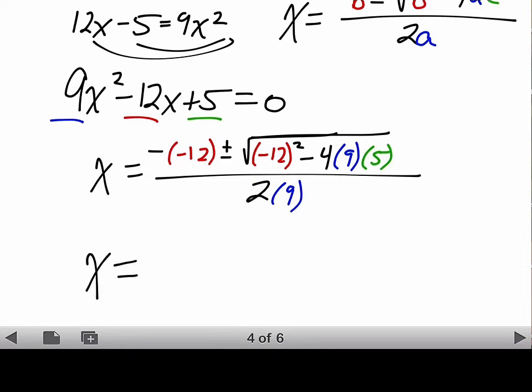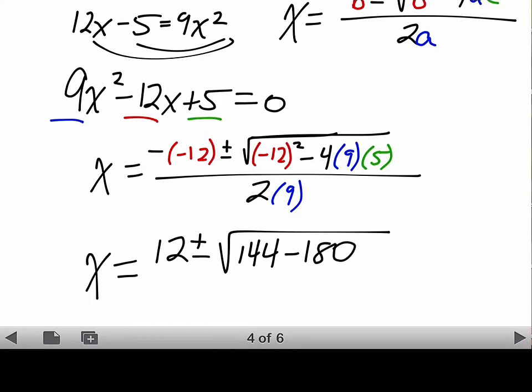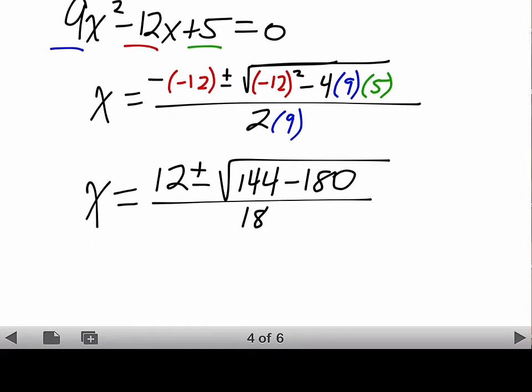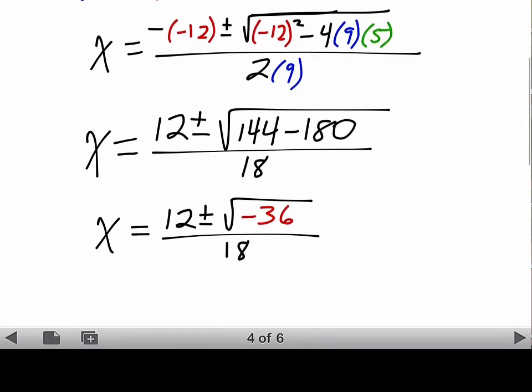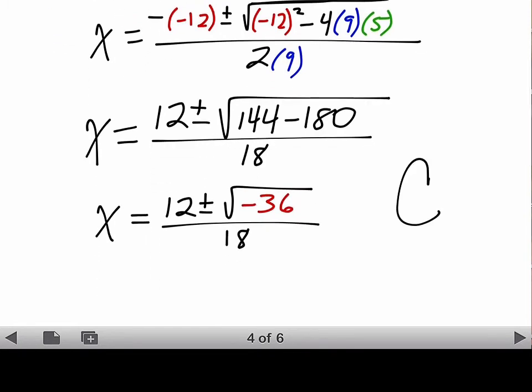So x is equal to 12 plus or minus, the discriminant is going to be 144 minus 180 all over 18. So that discriminant becoming negative means we have x equals 12 plus or minus the square root of negative 36. And as soon as we know that discriminant is negative, we know that our solutions are going to be complex.